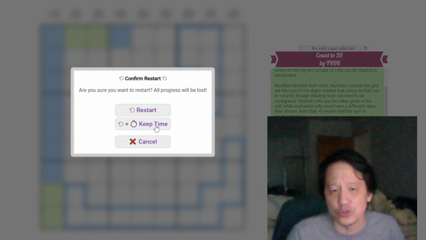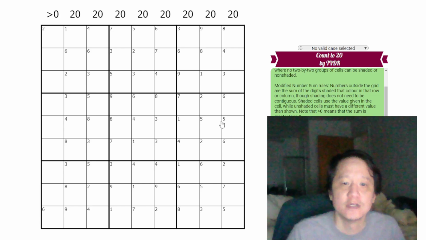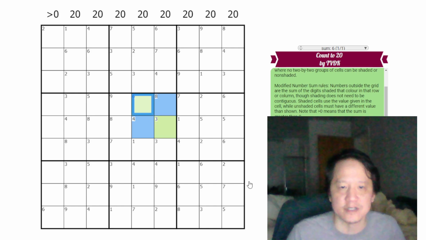So those are the two main secrets of yin yang puzzles. If you have two of a certain color and you have one on the other side, this cannot be the color that's opposite it. It has to be the same color as the one surrounding it.